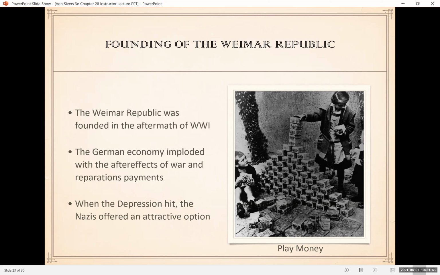The factories had a huge problem with labor strikes, and the communists were trying to start their own version of the Russian Revolution. They were looking to try to start a revolutionary movement in Germany. There were some leaders of the Communist Party who did not want to do that.